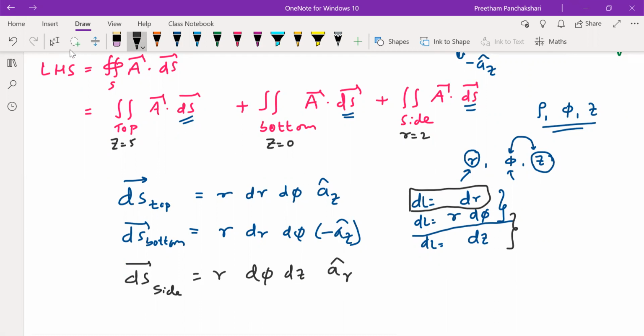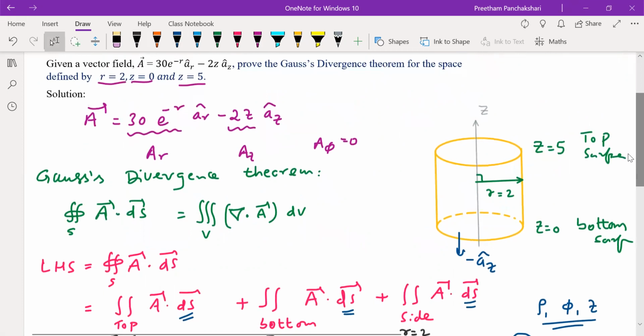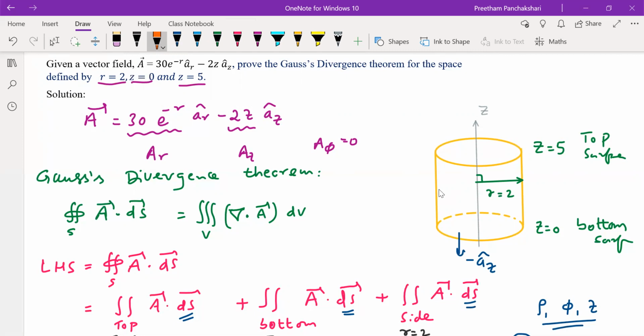So if you go back to the diagram and observe carefully, any surface area will have a direction perpendicular to its plane. So the top surface is the circle. What is perpendicular to the top surface is the z-axis, positive z-axis. Bottom is negative.